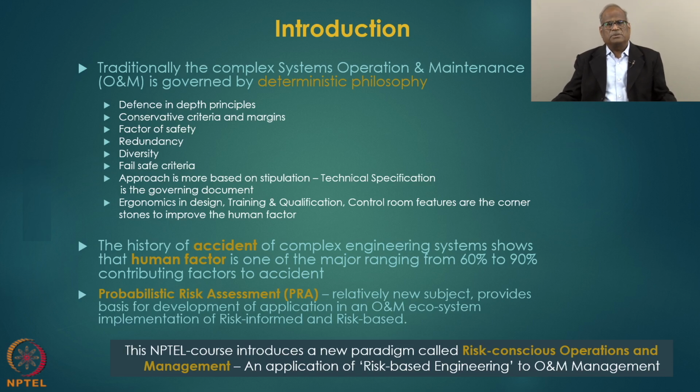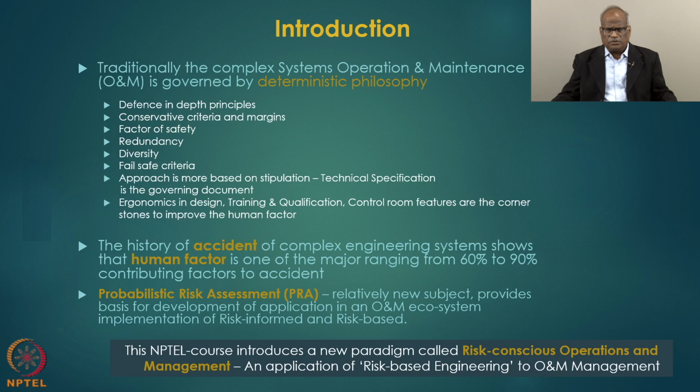So, make a risk conscious operation management system. And what is the best way to do that? It is probabilistic risk assessment, which integrates hardware, human, and many other elements, including one-time shocks and all those things. So, it provides a very good and effective platform for evaluation of safety, understanding of safety, and then documentation of safety or risk actually.